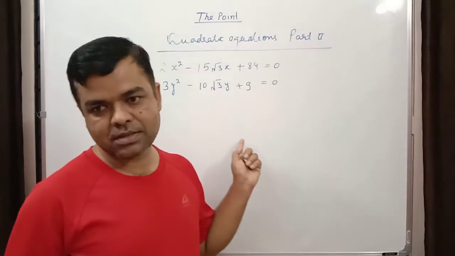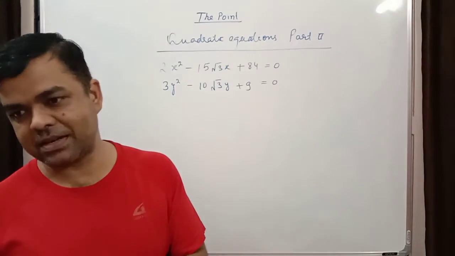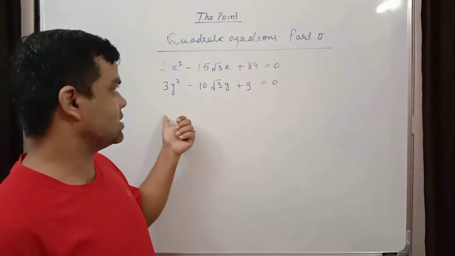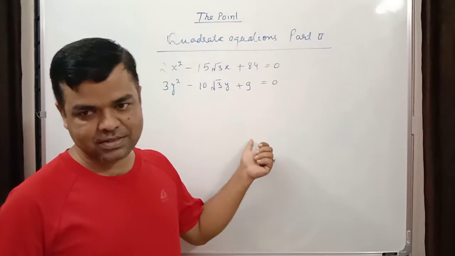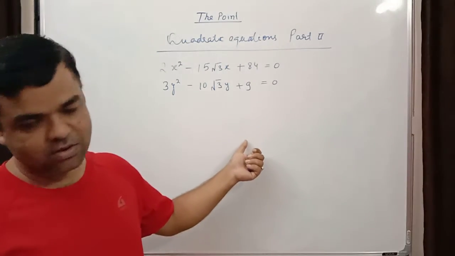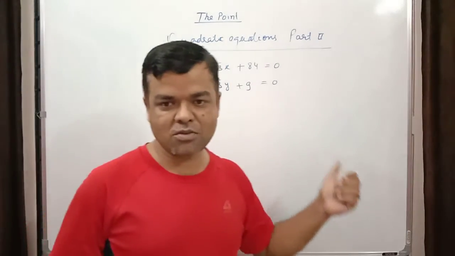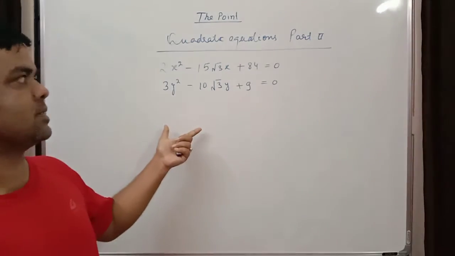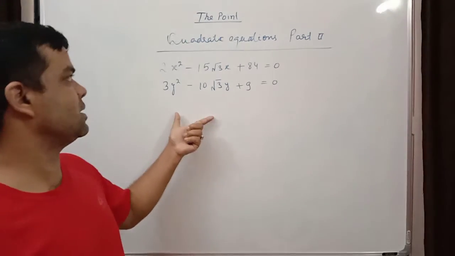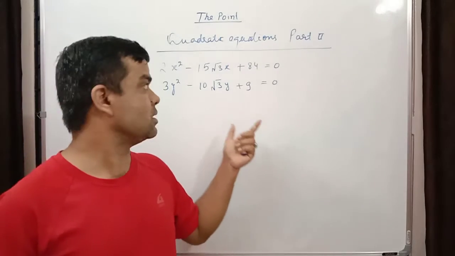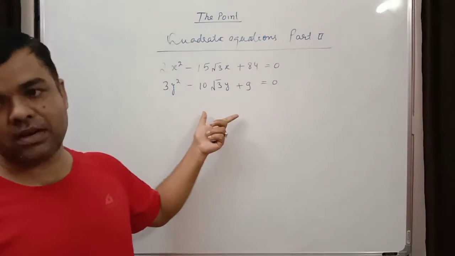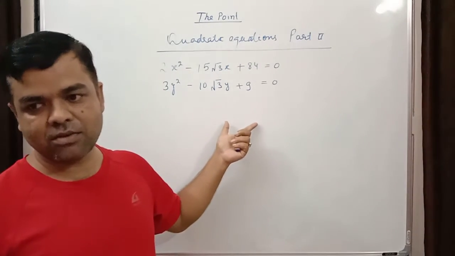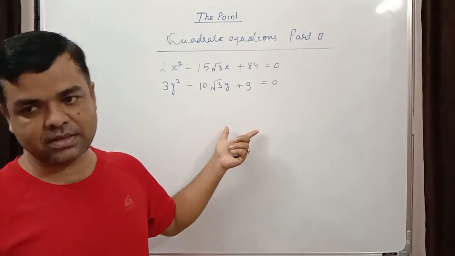Solve these equations and tell which of those 5 conditions holds, which I have already told you: x is greater than y, x is less than y, x is greater than or equal to y, x is less than or equal to y, x is equal to y, or relation cannot be determined. Among those 5 conditions you have to tell by solving these questions. This equation may look difficult to you, but I will tell you an easy way of solving these equations.